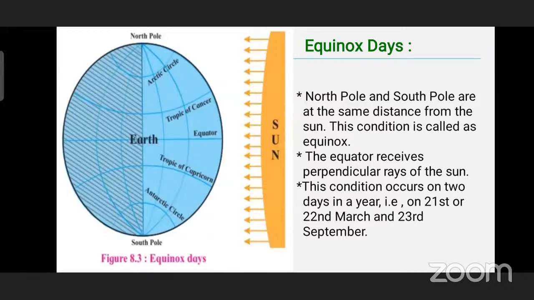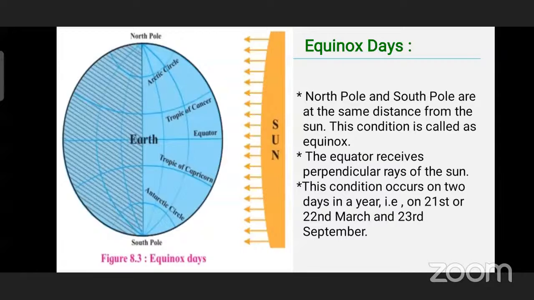The imaginary line that divides the earth into northern and southern hemispheres. So here you can see the sun's rays are perpendicular. Perpendicular means what? They make 90-degree angle with the equator. And this condition occurs on 2 days in a year, on 21st or 22nd March and 23rd September.